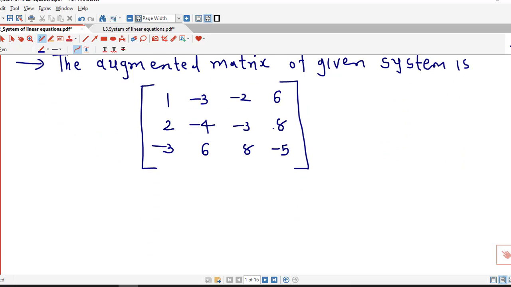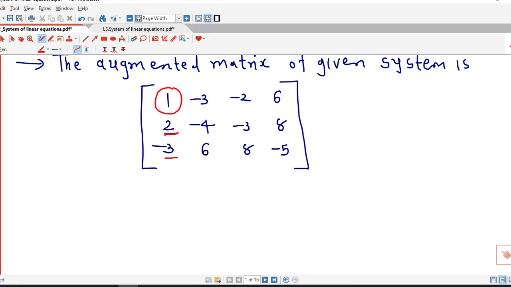Now, the second step is to convert this augmented matrix into row echelon form if we are using the Gauss elimination method. So we start with the first non-zero entry of the first row. It is 1 here. Using this entry we have to make the entries below it 0.